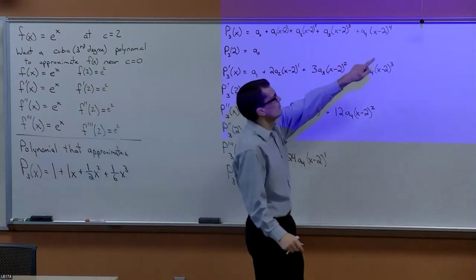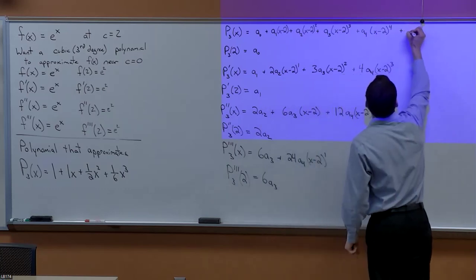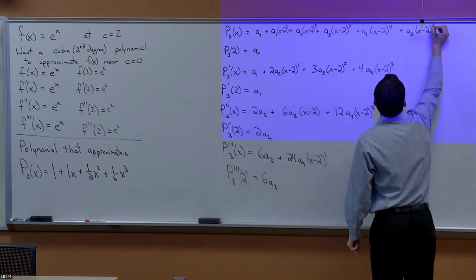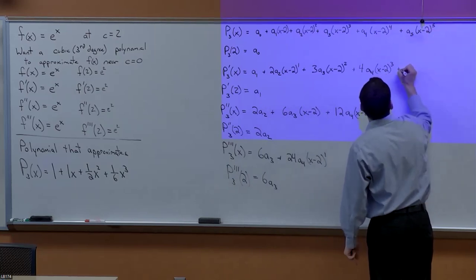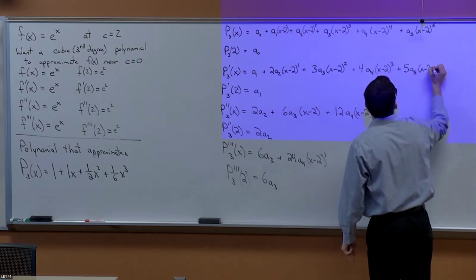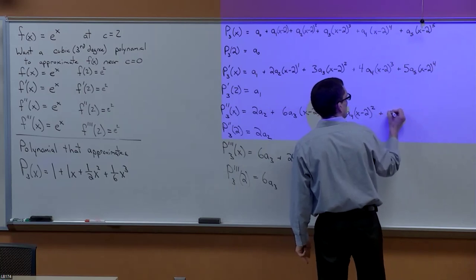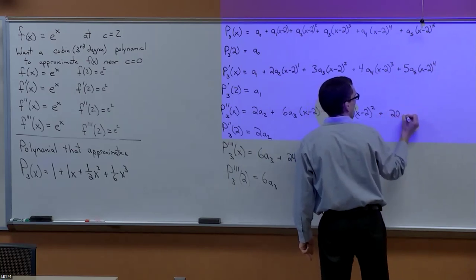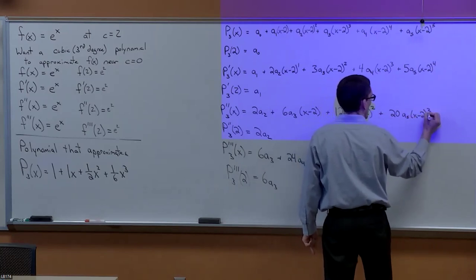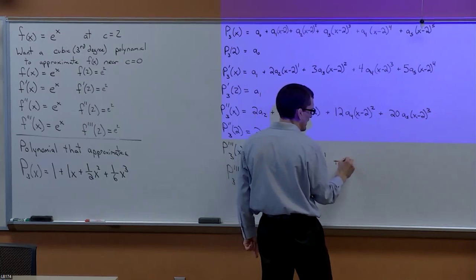Notice that if I did a fifth degree, 5 would come out front, a5. Then in the next derivative, I'd be multiplying by 4. Then in the next derivative, I'd be multiplying by 3.